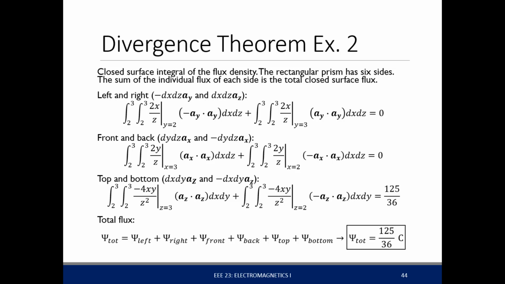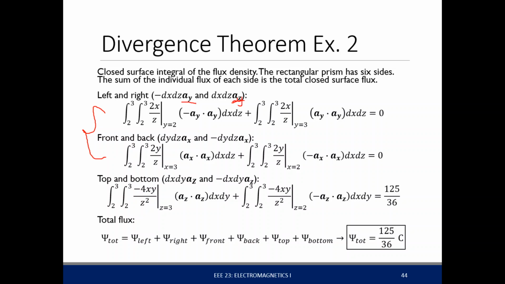Therefore, it's easier to divide that task by looking at the faces of the cube: left and right, front and back, top and bottom. If you look at the left and right integrals, that is in the direction of negative ay and positive ay.